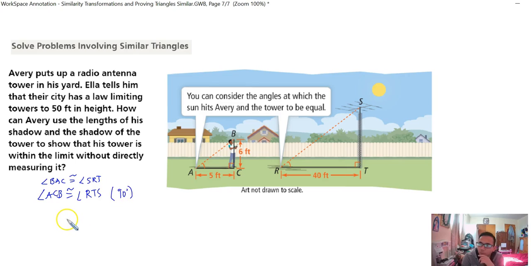So the two triangles are similar by AA similarity.